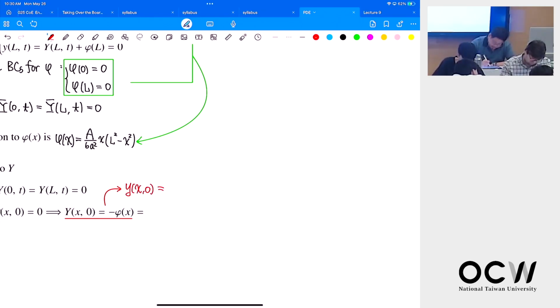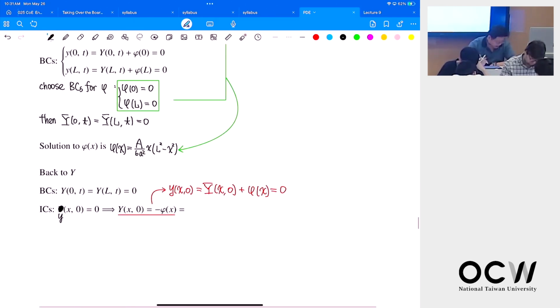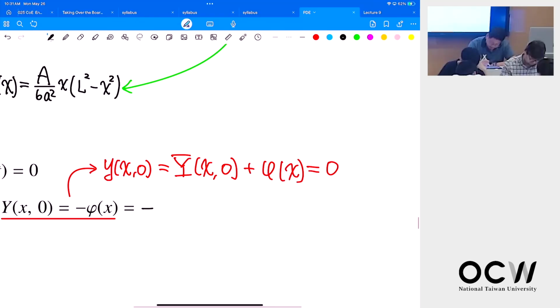That means capital Y of x,0 plus phi of x is equal to 0. So that's why the capital Y at time 0 is minus phi of x, and that is minus a divided by 6a squared times x times L squared minus x squared.